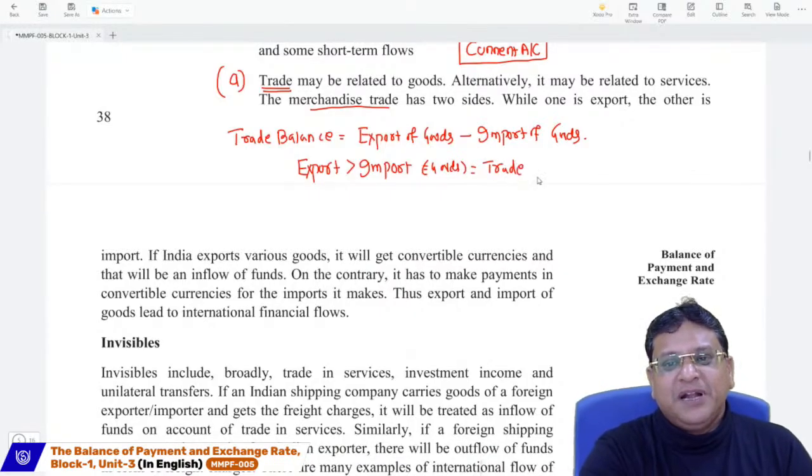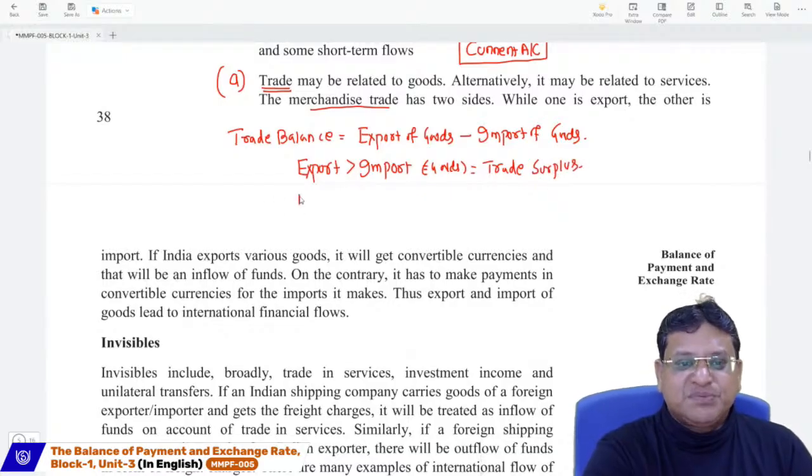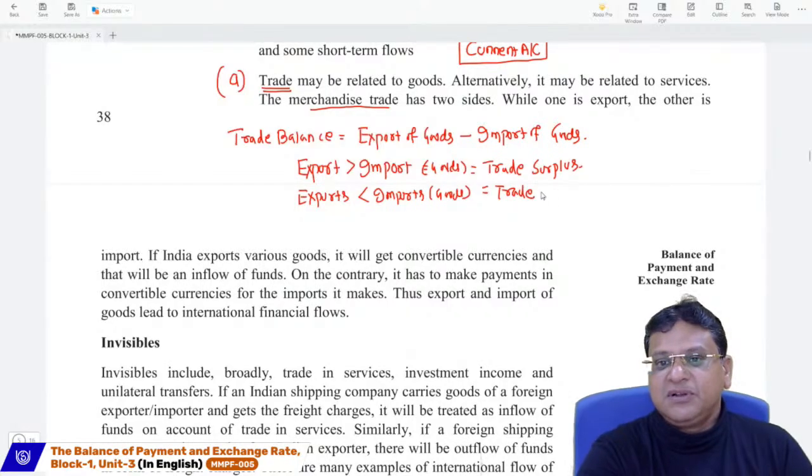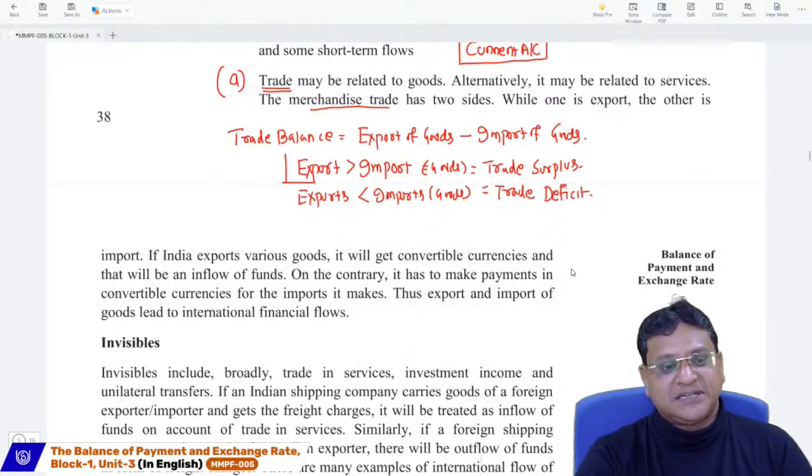A country can have a trade deficit if exports are less than imports in relation to goods only. So in a transaction, there can be a trade surplus or a trade deficit. A country can face a trade surplus or a country can face a trade deficit.